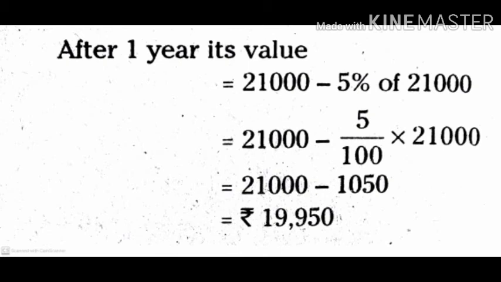Next step, 21,000 minus, here 2 zeros cancel and 5 into 210 is equal to 1,050. After subtracting we get 19,950 rupees. It is the value of TV after 1 year.